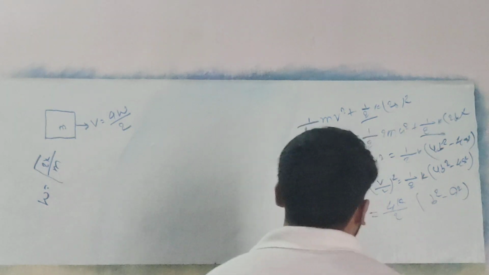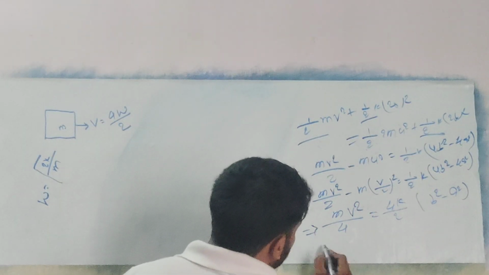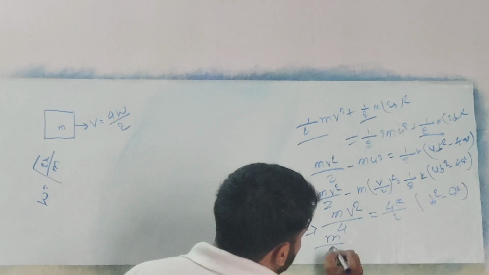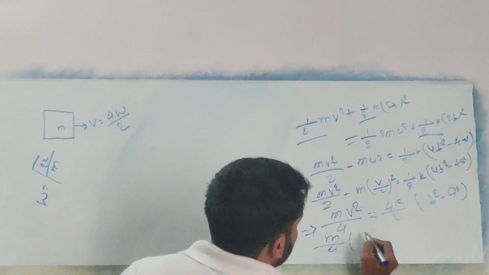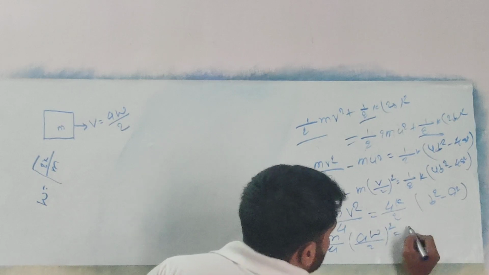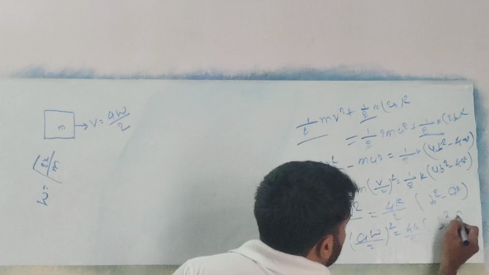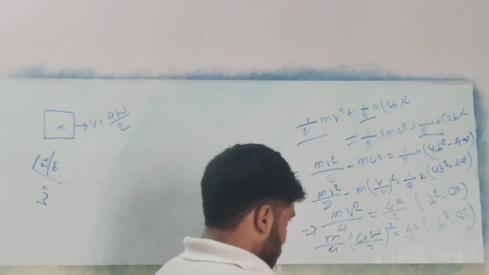Now put that value here, m by 4, what is this? A omega by 2 whole square is equal to 4k by 2 (b square minus a square).